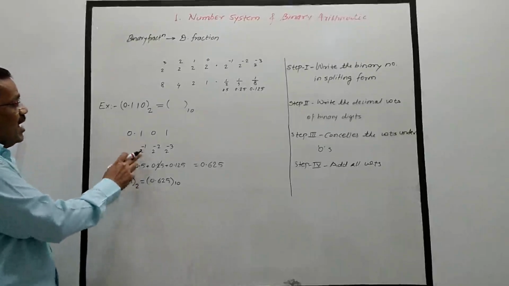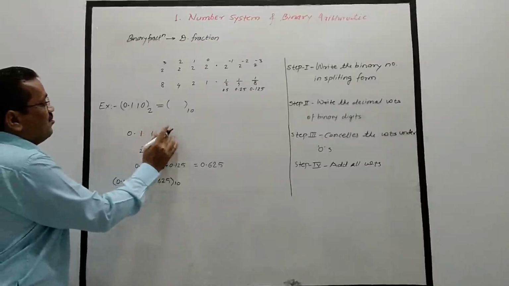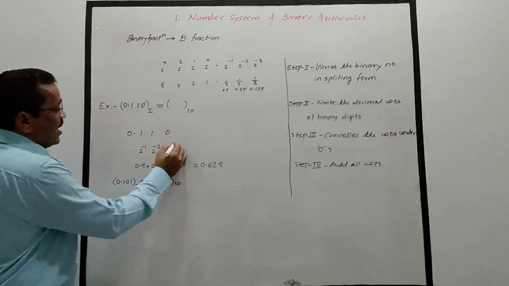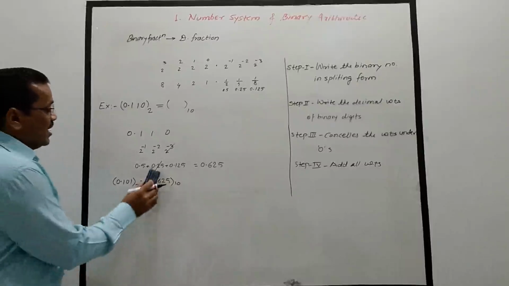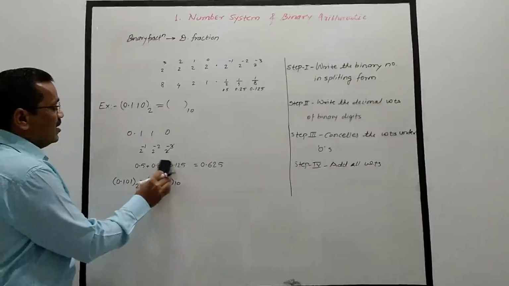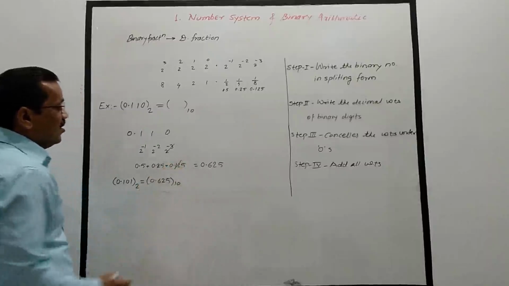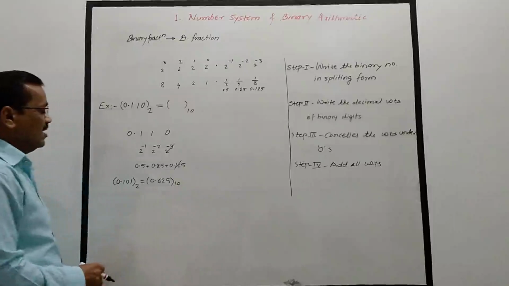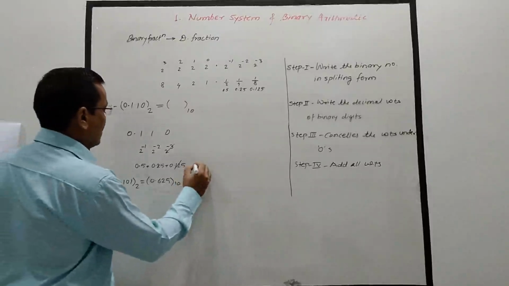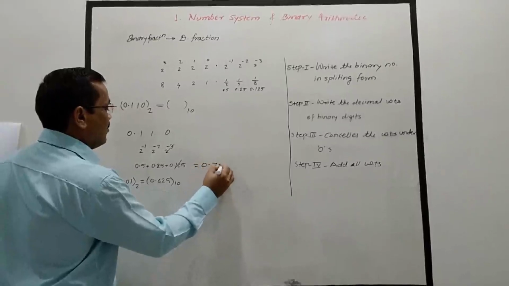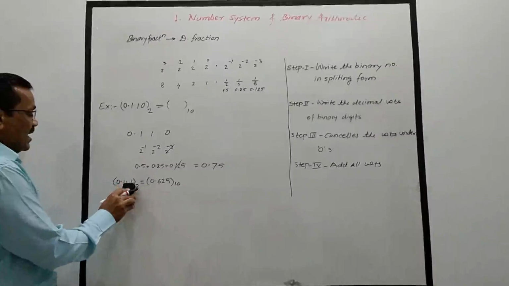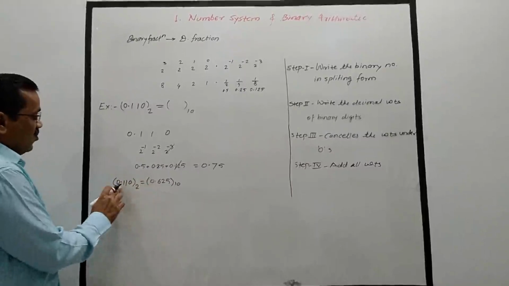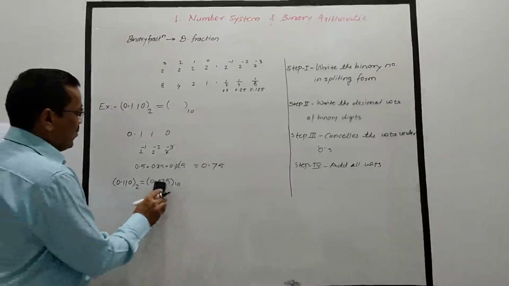Write the weightage under each digit. Now cancel the weightage under the 0. That means in this case the last 0.125 is to be cancelled. Now add these weights. So it is 0.75. Hence we can say that the binary fraction 0.110 is equal to 0.75 of decimal number.